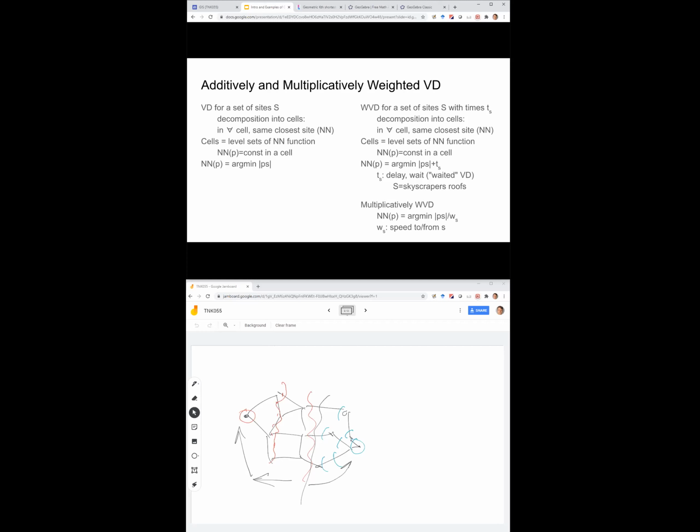Or you may also think about it that your sites are skyscrapers and they have different heights and are situated in different parts of the city. And your facilities are located on the roofs of these skyscrapers. Maybe these are the heliports from which you will fly somewhere, like the emergency heliports.